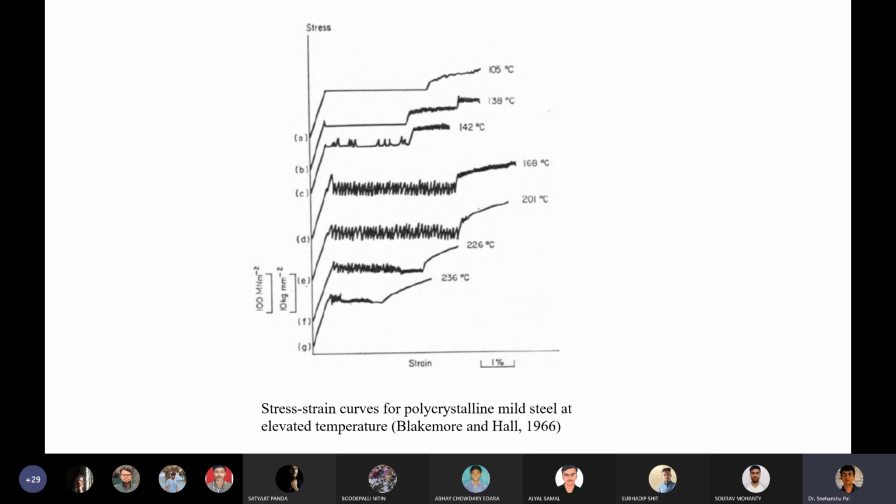But if you go beyond a certain temperature, then the serration range, the epsilon L, that is the strain range where the serrations of the yield stress-strain plot are present, also shrinks and is reduced. That may also be because more climb is occurring.